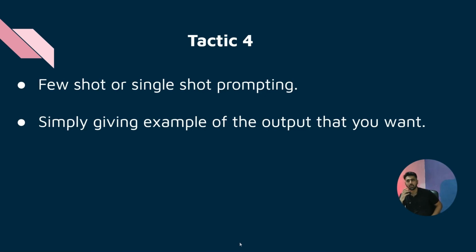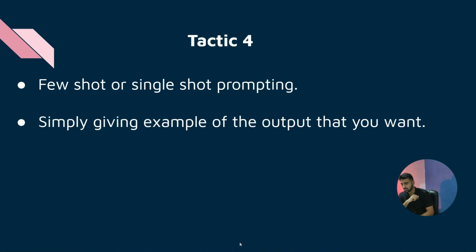So up till now we have seen these four tactics, but I can understand these four tactics can be really overwhelming if you don't know their real use case. So what we will do is I will show you a problem statement that can be used in the real world, so that you will get a better understanding of how we can write a prompt which will solve a real-world problem, right?